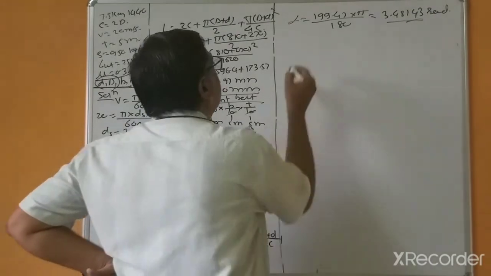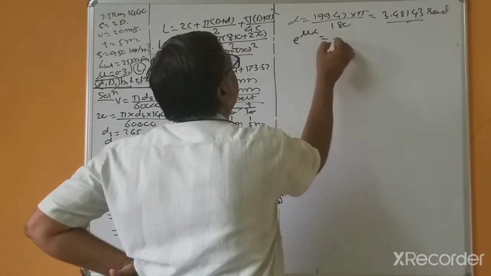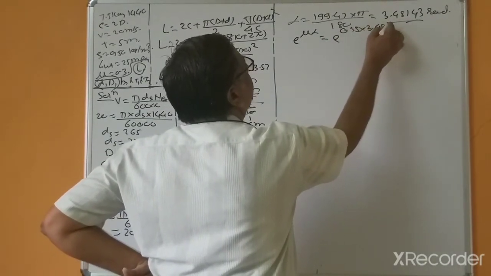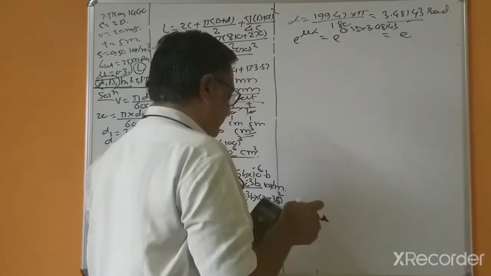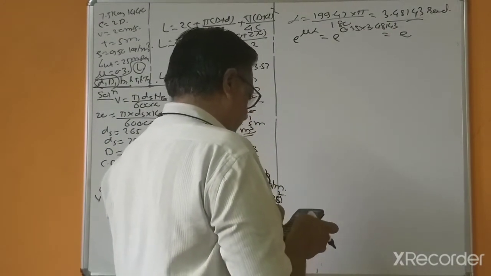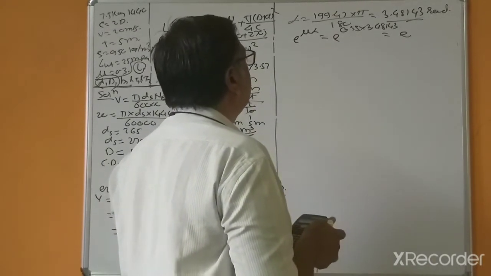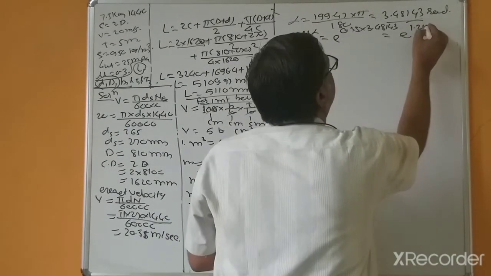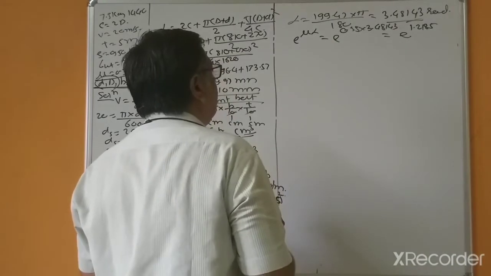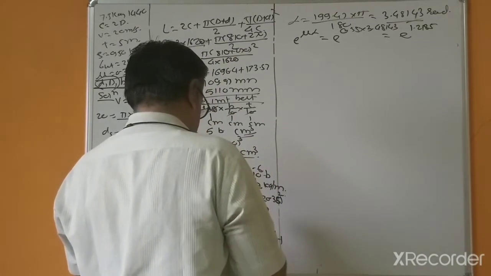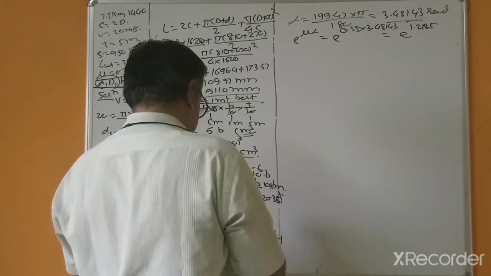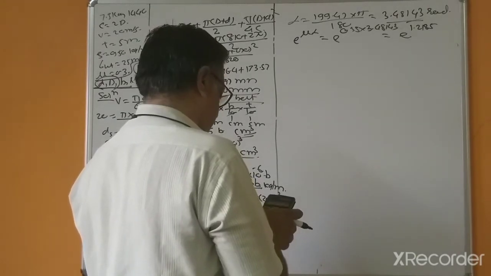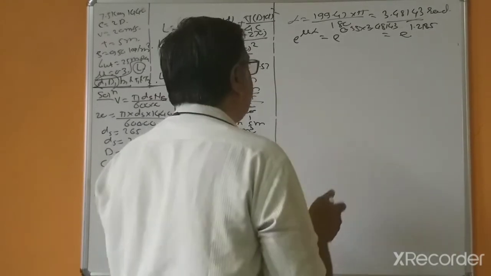Now e to the power 0.35 multiplied by e to the power 0.35. This is 2185. Now 1.2185 equal to 3.64.